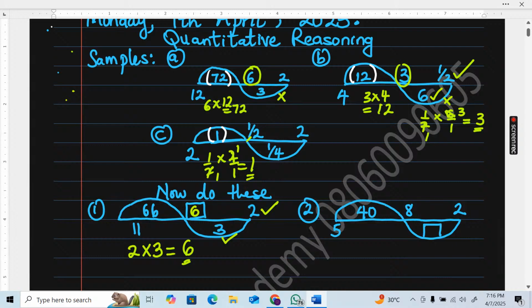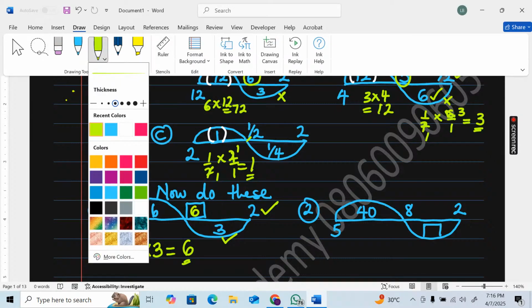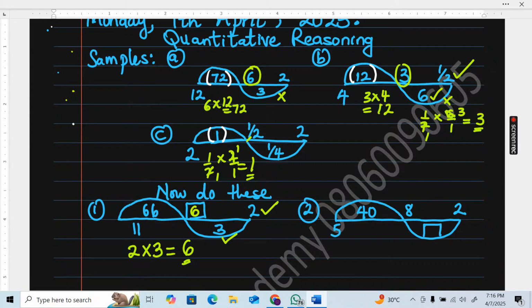Now let's go back to our sample that is above. For us to get the number 3 in sample A, everybody look at sample A. Before you can get your answer for the classwork, you need to always go back to your sample to check how we can get the number in that position. Now, how can we get number 3 in sample A?